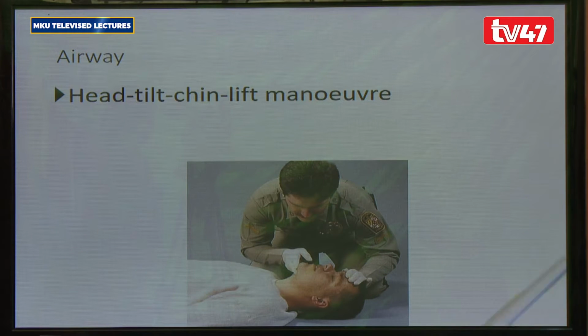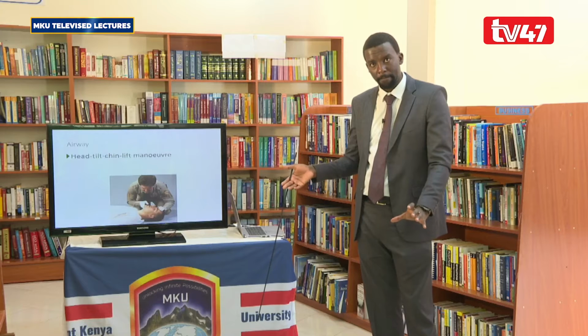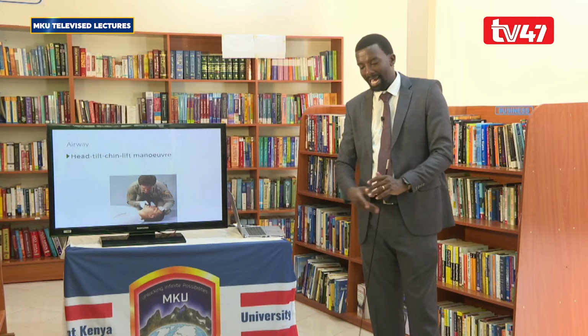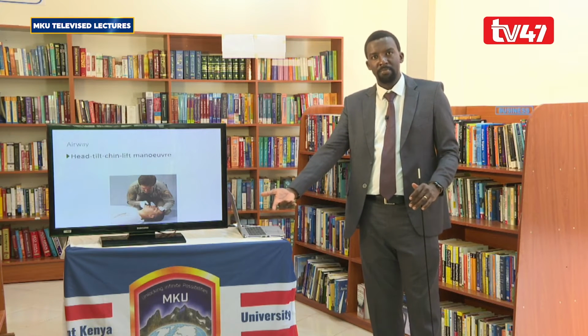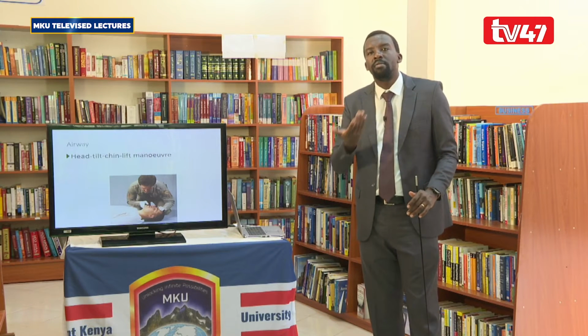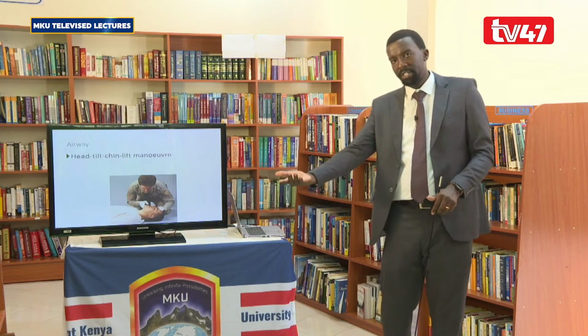In the head tilt, chin lift maneuver, you place one hand on the patient's forehead as a support. Then at the base, you feel the bony structure, the mandible at the tip here. Lift it up gently.